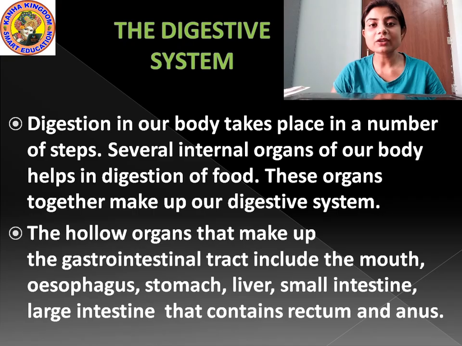So these are the organs inside our body that help in the process of digestion. The food that we eat gets digested through these organs. Understood?